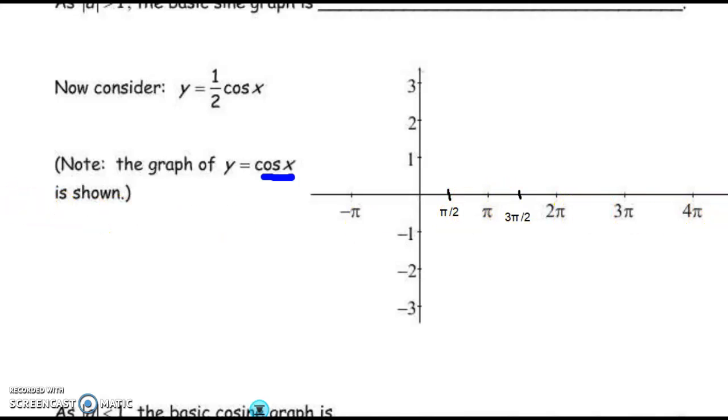So again, cosine starts high. Sorry, let me get my pen. It starts high, crosses, goes low, crosses, and finishes high. So that's your normal cosine graph.